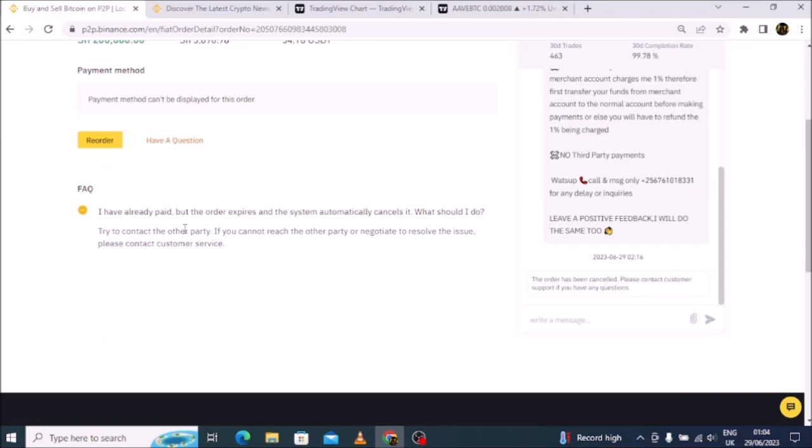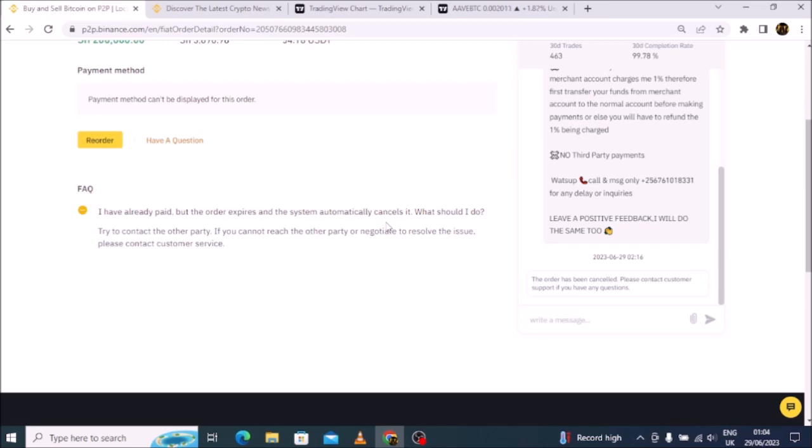And if you still get the same problem, there is another alternative. If you have already paid your money, but the order expires or the system automatically cancels it without your money being received, the first thing you do is contact the person you sent the money to. If that person fails to respond in time, you can still go on Binance.